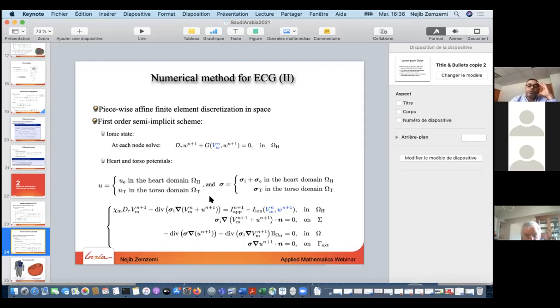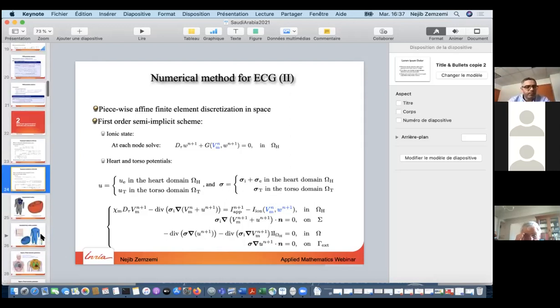Doing that, you take sigma as sigma I plus sigma E in the heart domain, and sigma T in the torso domain. In that way, you can solve the whole linear problem in the heart and the torso in a monolithic way without doing an iteration between the heart and the torso. That means that your linear problem is much bigger, but it is feasible. And there are many codes that are doing that.